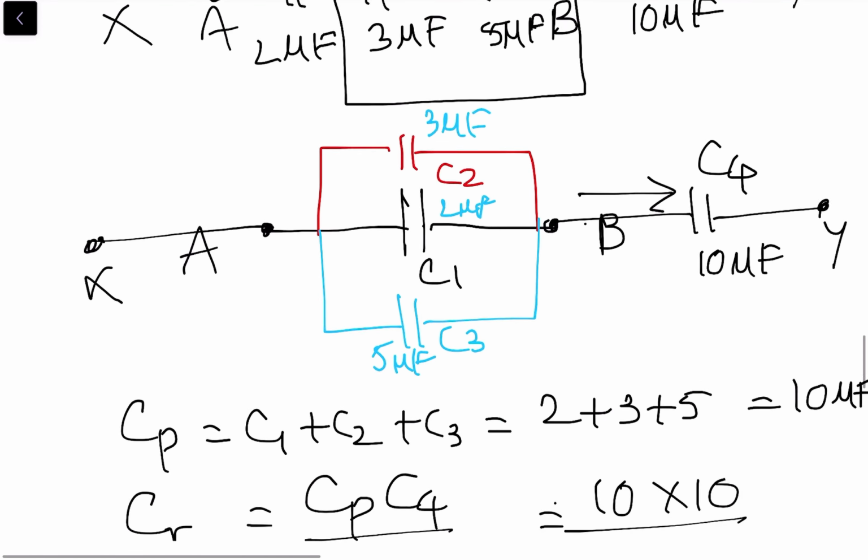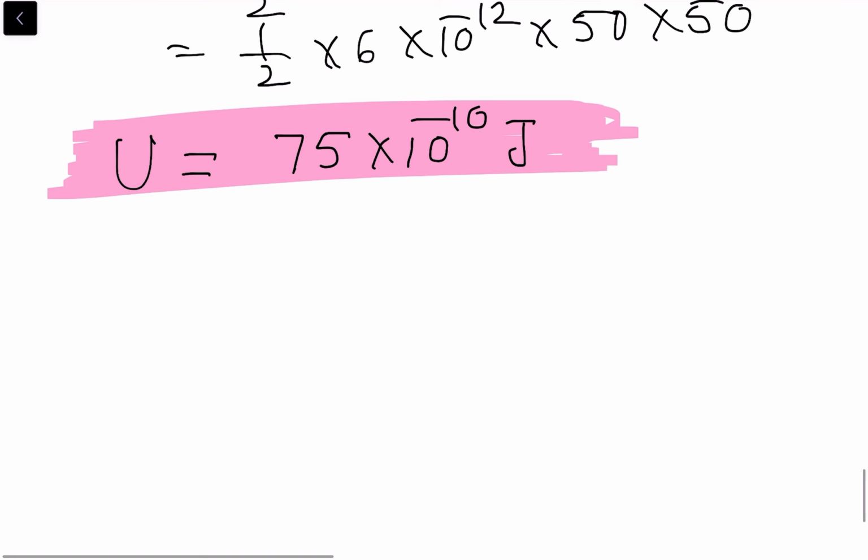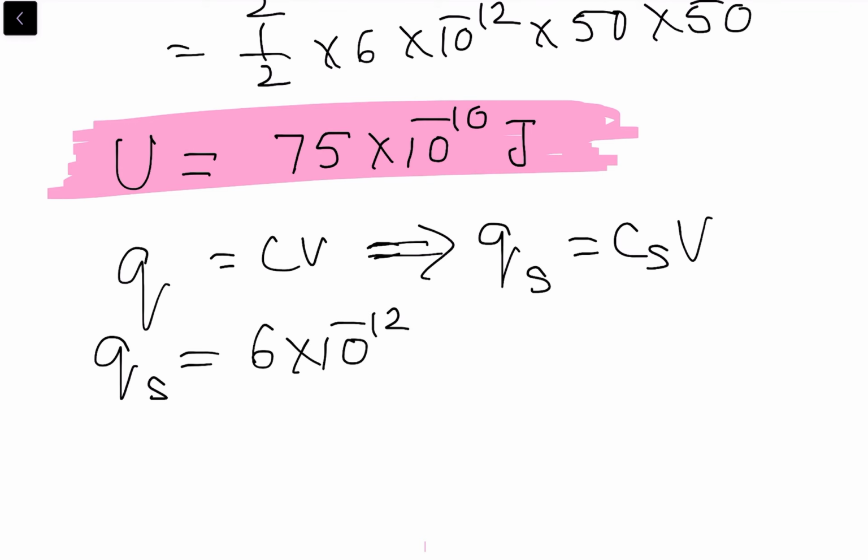Then let's go and calculate the charge. That is Q is equal to CV. Let's write, this is a series combination. So QS is equal to CSV. That is QS is equal to CS is 6 picofarads, 10 to the power of minus 12.